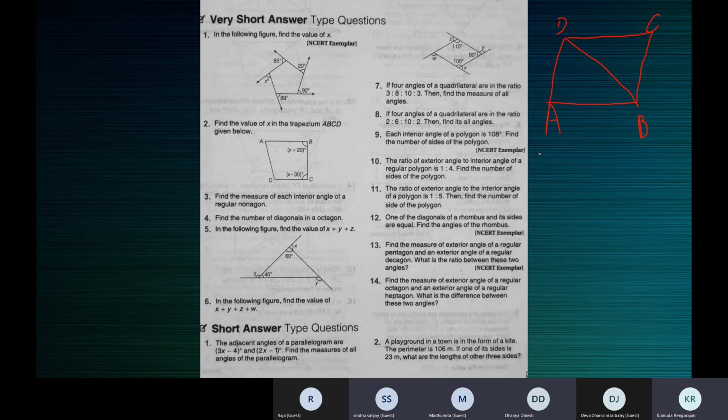Yes, ma'am. Okay, in triangle ABD, the three sides are equal. You should write that AB is equal to BD is equal to AD. Therefore, ABD is equilateral.